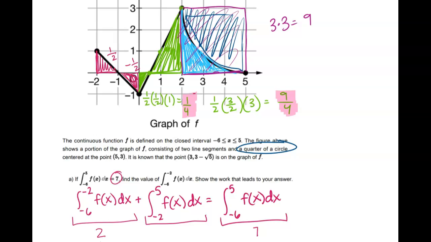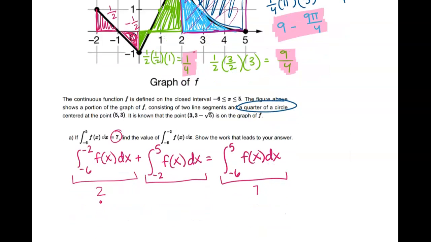And the area of the quarter circle is 1/4 for the quarter part times pi r squared, or times pi times 3 squared, which is 9 pi over 4. So then the area of that light blue kind of unidentified shape is 9 minus 9 pi over 4. So there's our three pieces, the highlighted in pink.